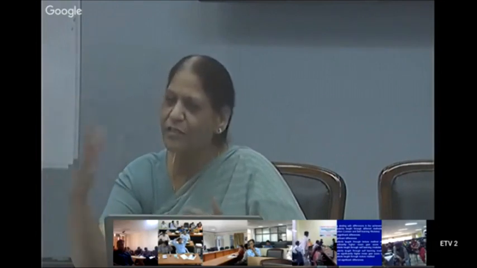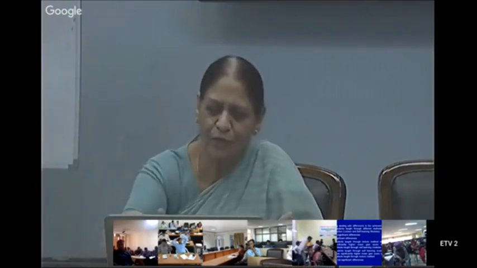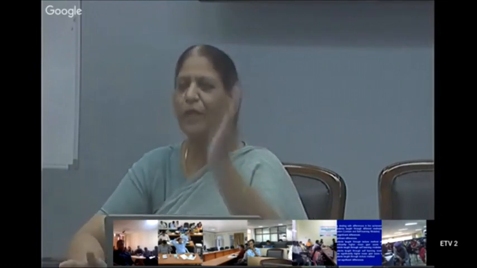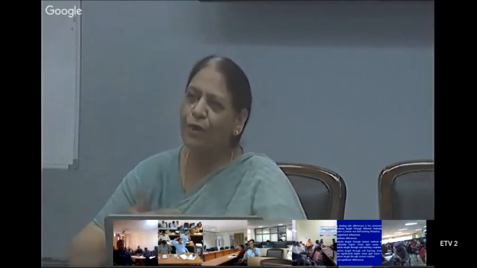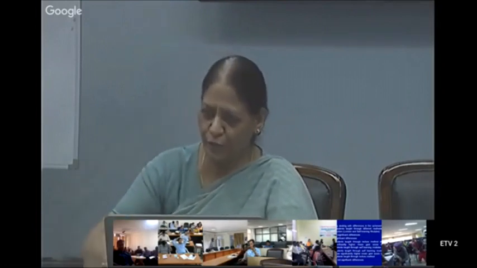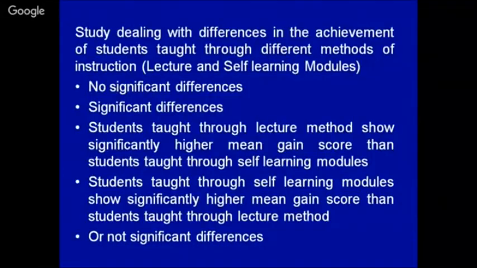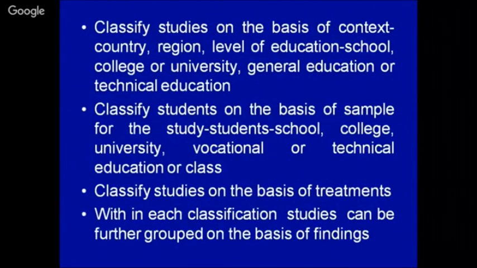No significant difference and not significant are one and the same thing. So you can classify your review of related literature into these categories. Now here, what will be the advantage to the researcher? Once you are going to draw the conclusions, it becomes much easier. Otherwise, you need to look into the findings of each study and then come to the conclusion.